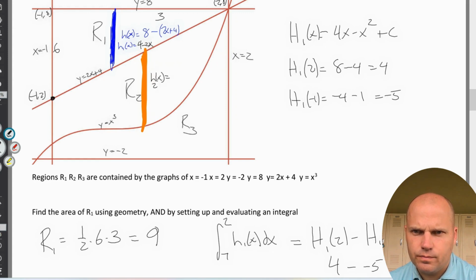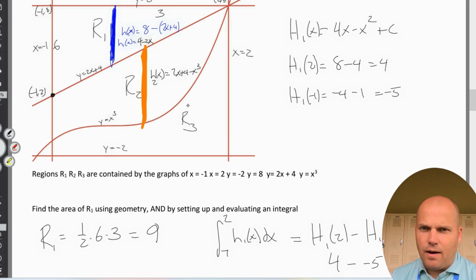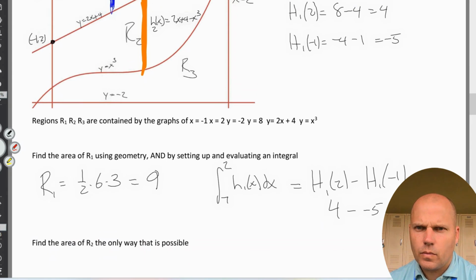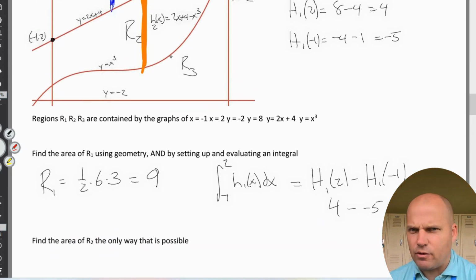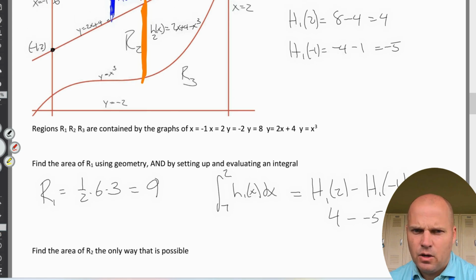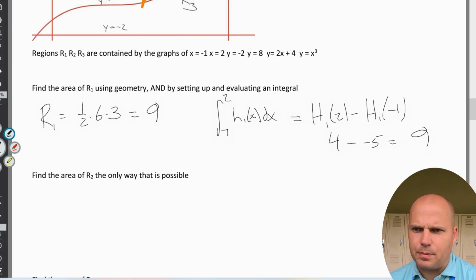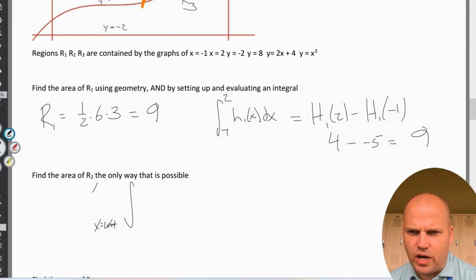This is h2. Now, can't really simplify this, so it works out. Remember, we want to sum up from x equals left to x equals right. We like to go from left to right.